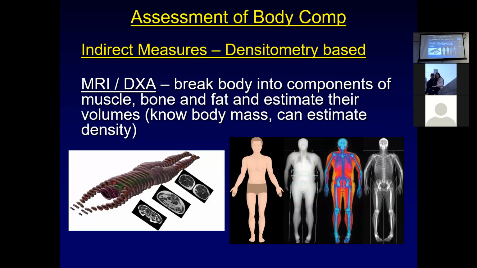Okay? To get all of these images, you'd probably have to sit in the magnet for maybe 4 or 5 hours to get a head-to-toe scan, so that we can accurately go in then and see what it looks like.